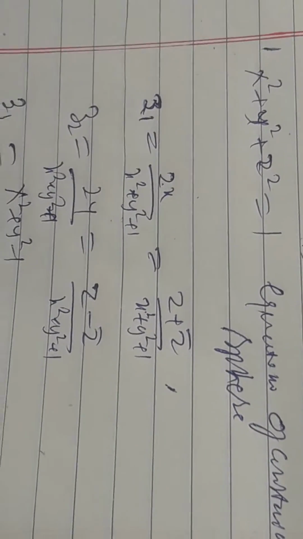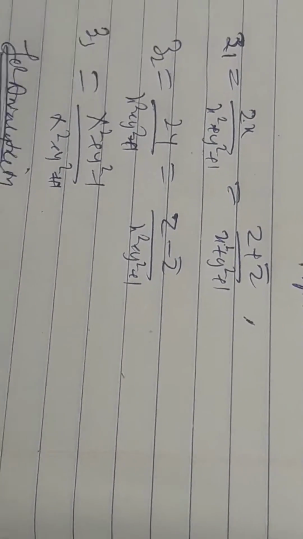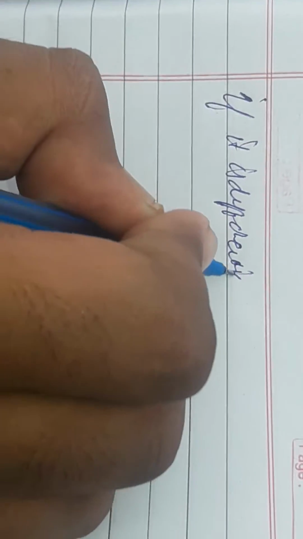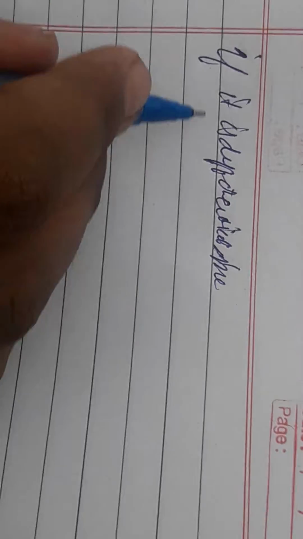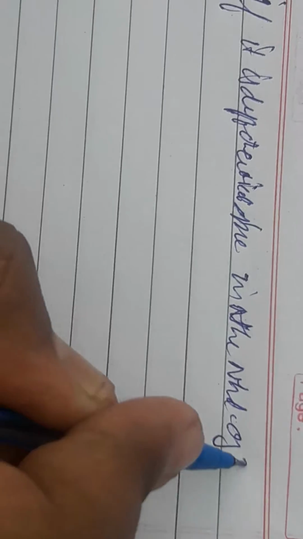Now for analyticity, you know that any complex function f of z is said to be analytic at a point z naught if it is differentiable in the neighborhood of z naught.